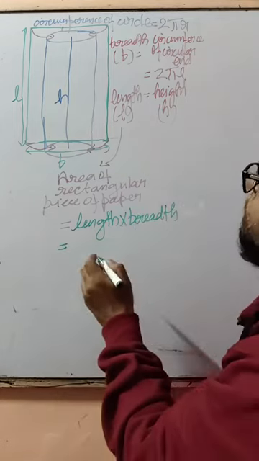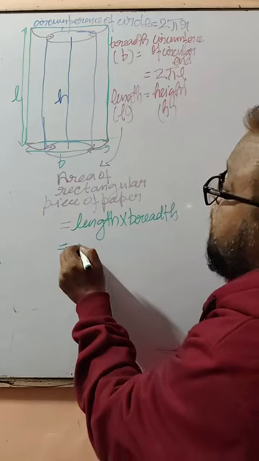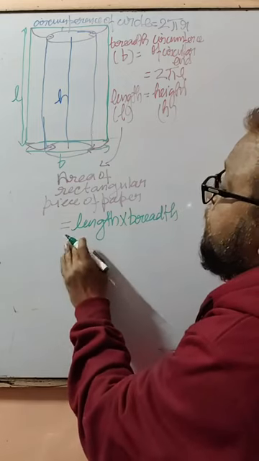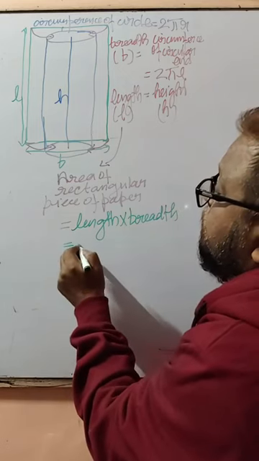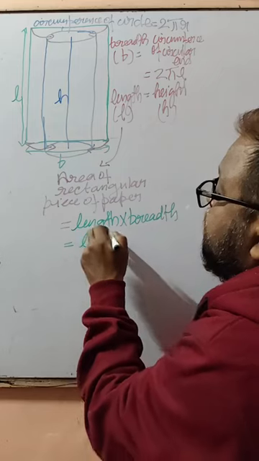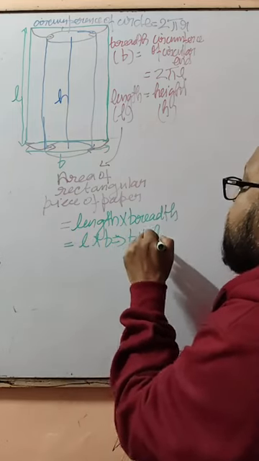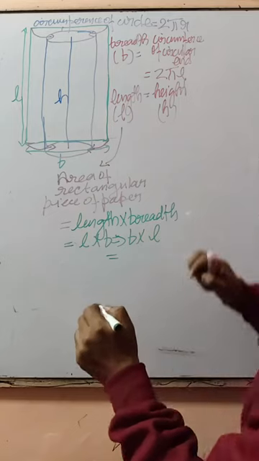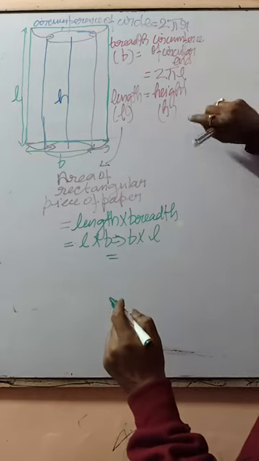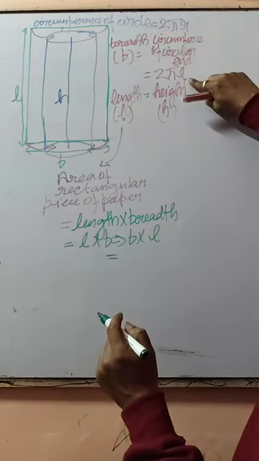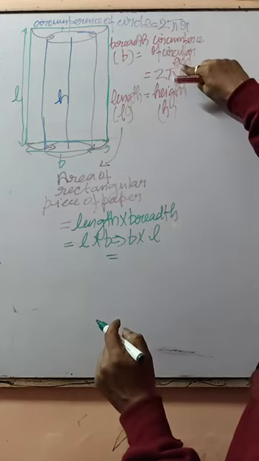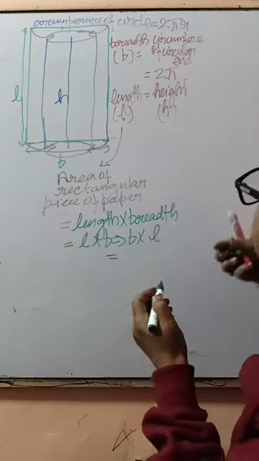And the length is L, so we write L into B, or we can write B into L. And what is B here? What I wrote, 2 pi r.